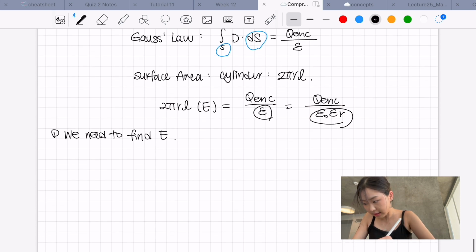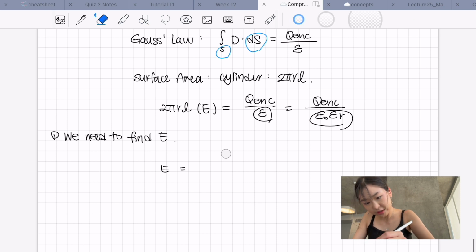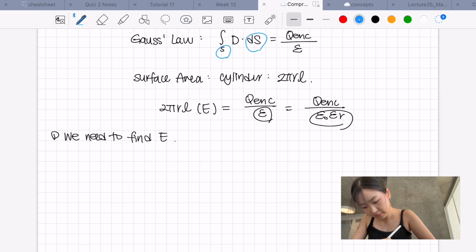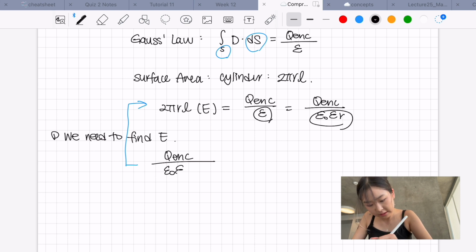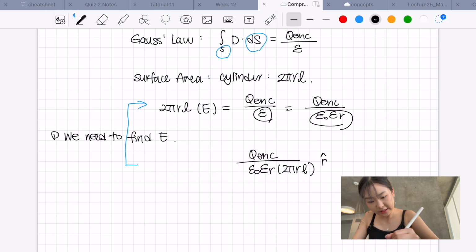E from this equation is equal to Q enclosed over epsilon naught epsilon R times 2 pi R L, in the R direction. So I just reorganized this equation.